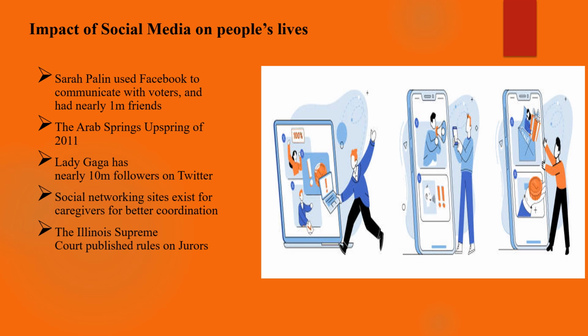Lady Gaga, the celebrity, has nearly 10 million followers on Twitter. A social networking site exists for caregivers for better coordination. And the Illinois Supreme Court published rules on jurors, all on social media.